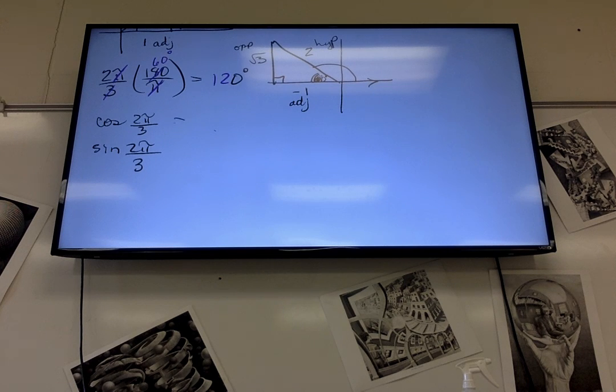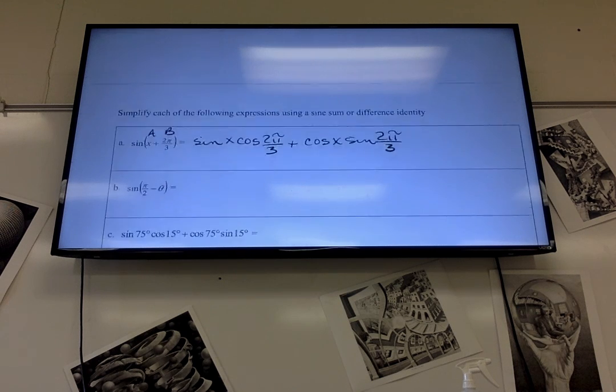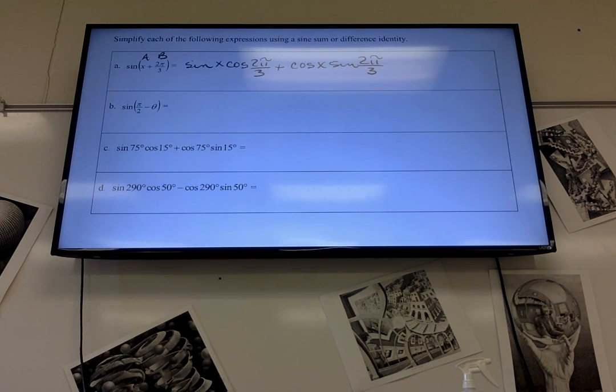Alright, so cosine of 2 pi over 3 is what? -1 over 2. Good. And the sine of 2 pi over 3? Square root of 3 over 2. Excellent. Alright, so we're just going to plug that in. We have the sine of x times cosine of 2 pi over 3, -1/2.